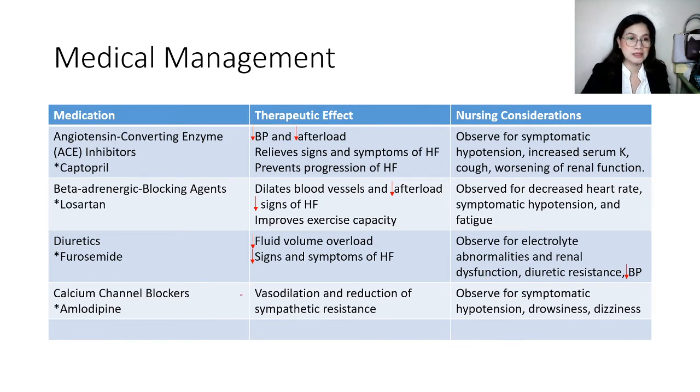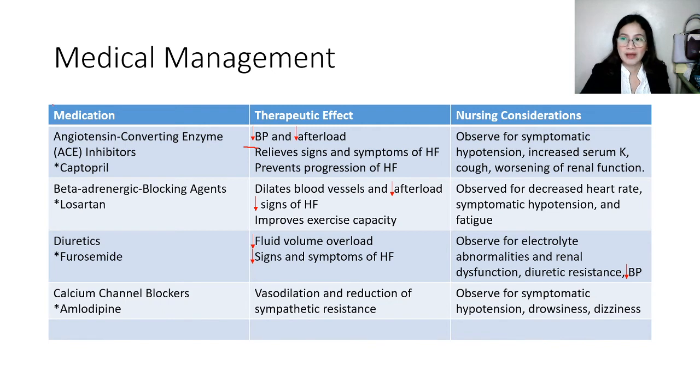The patient is relieved of signs and symptoms of heart failure, and this will prevent progression of heart failure. The nurse should observe for symptomatic hypotension, increased serum potassium, cough, and worsening of renal function.